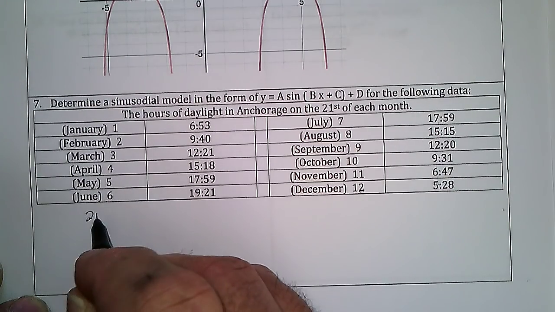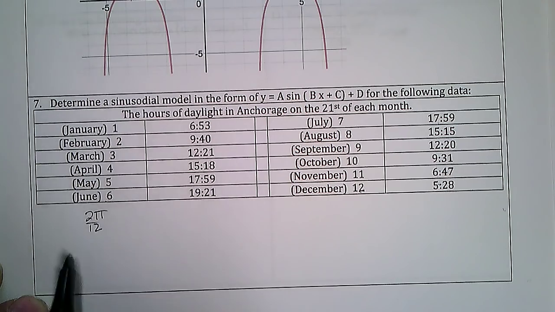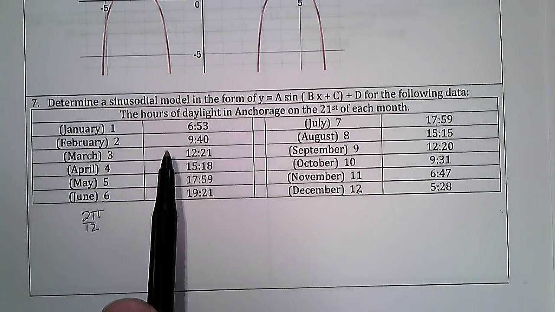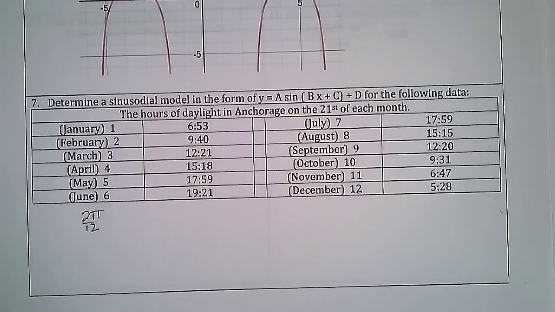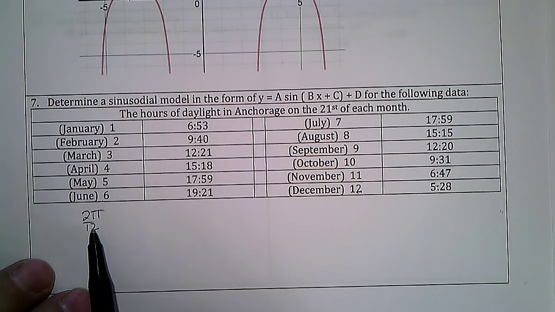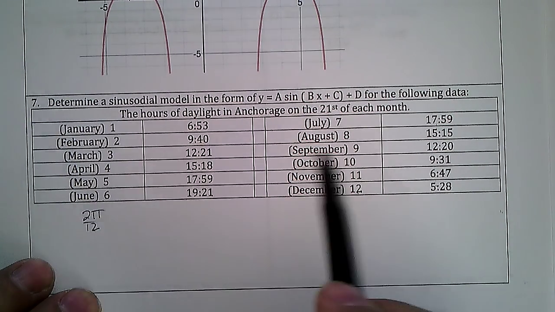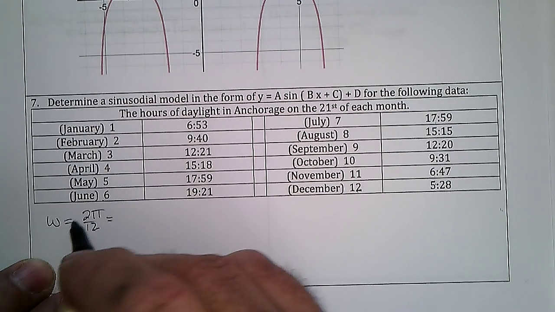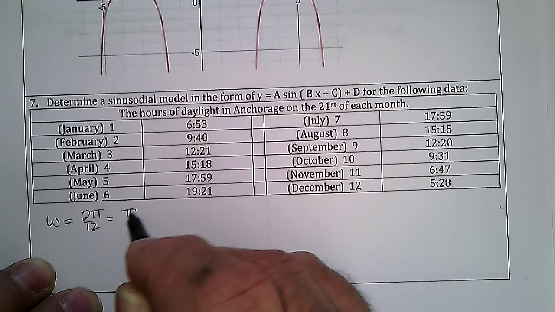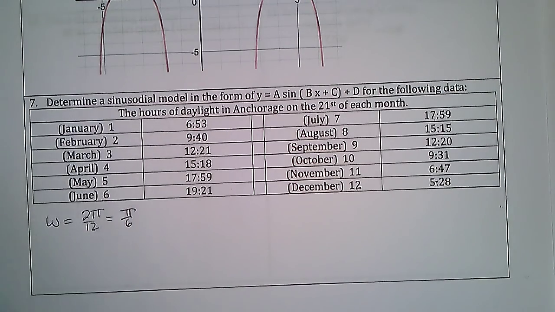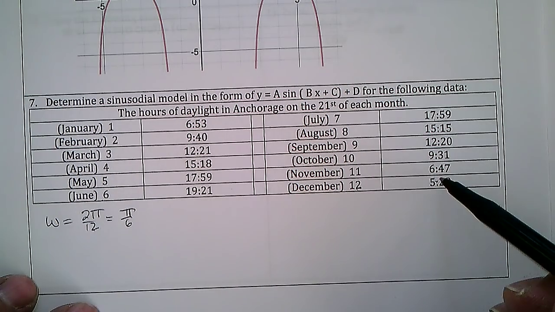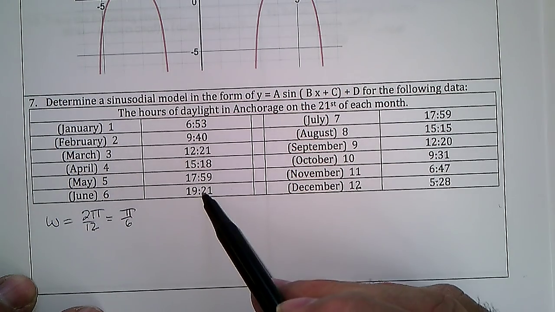So 2 pi divided by 12, because we're talking about daylight hours in Anchorage, so it's based on a 12-month period, and these are the months, so omega is going to be 2 pi over 12, which is pi over 6. Let's see, the highest we have, the most daylight hours is 9:21 here.